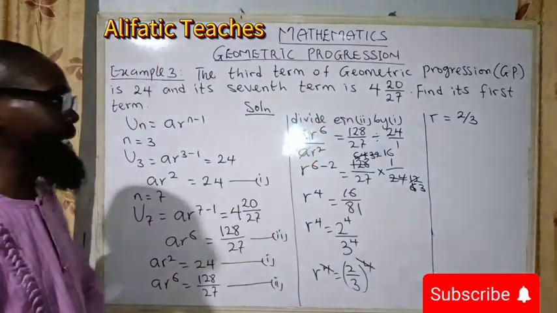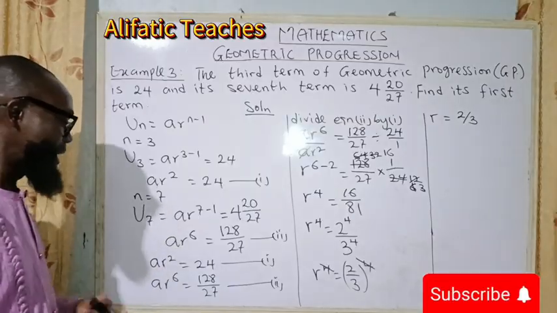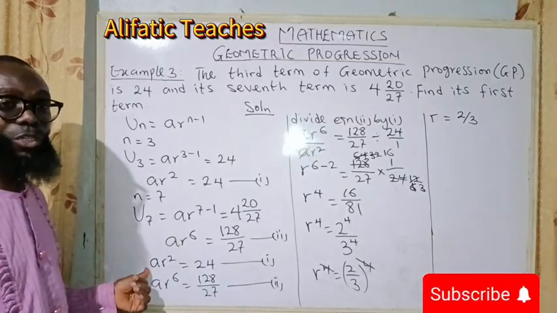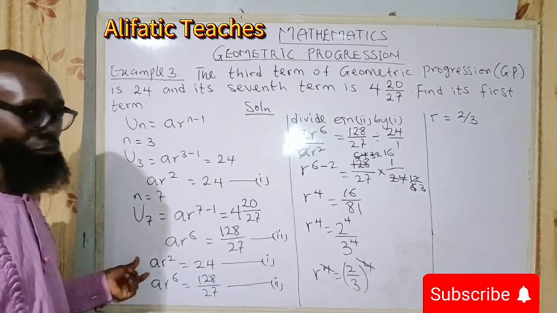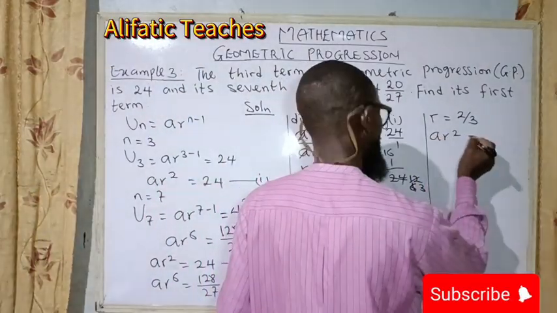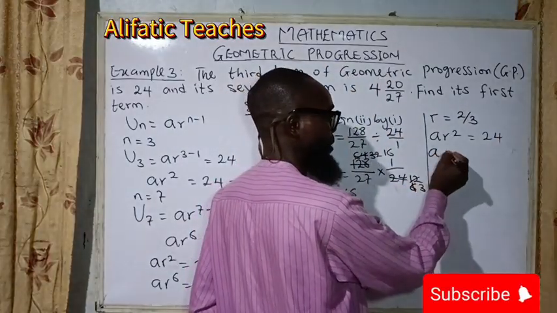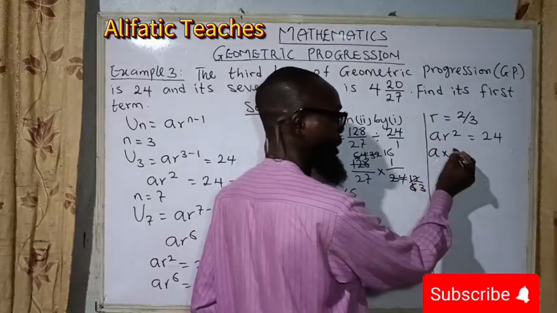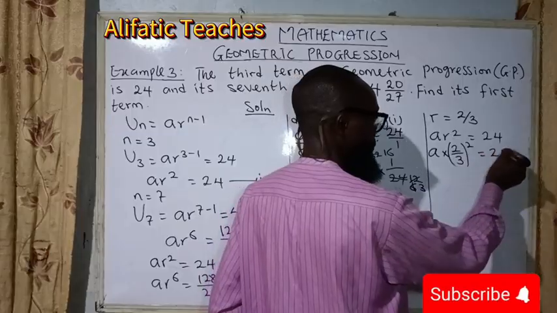Now, our question says find its first term. So you can look for the first term either using equation 1 or equation 2. For me, I want to use equation 1 to be easy for me. So when I substitute now, I have A multiplied by my R, which is 2 over 3, raised to power 2, equals 24.